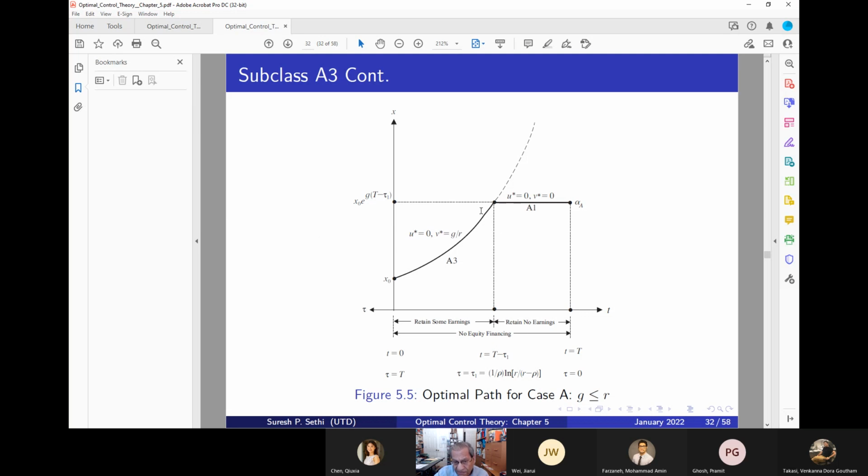So we have a point tau 1 where I'm indifferent between retaining earnings and not retaining earnings. Here I invest, here I don't invest. Retaining earnings means investment.